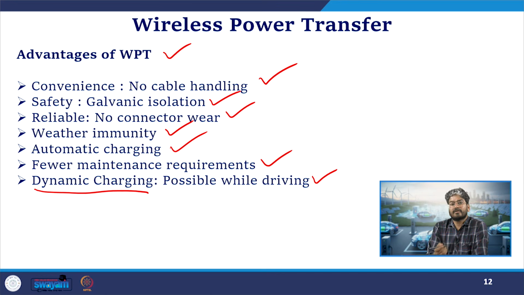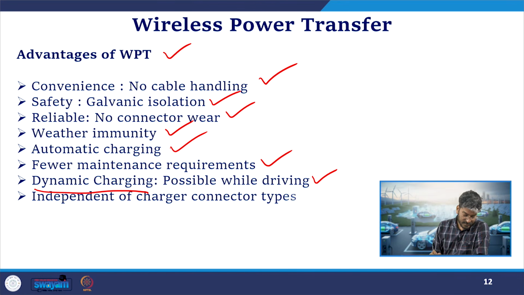What is downtime? The duration for which my electric vehicle is not in service. If I go for fast DC chargers, it will be out of service for 15 to 20 minutes, whereas in dynamic charging the downtime or the charging time of the vehicle will be zero, because it can be charged while in motion.